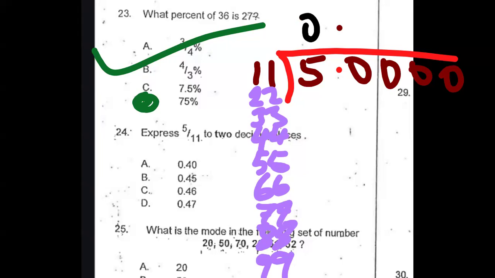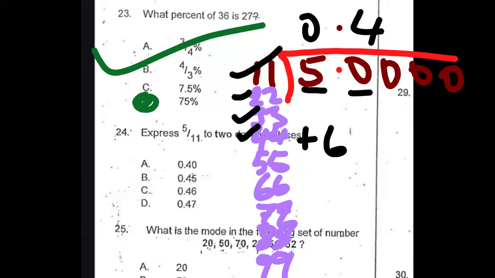So 5 is less than all of this. We move to 50. 50 is bigger than 1, 2, 3, 4. Put 4 up there. 44 plus 6 gives you 50. So we'll take the 6 and put it right here. So 60 is bigger than 1, 2, 3, 4, 5.